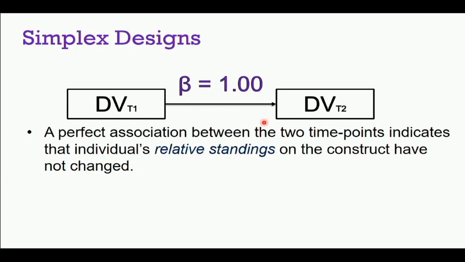Of course, that never happens in real life, because there are often things that go on, like sampling error, or you're feeling sick on that day, so it's never completely 1, but as close to 1 as you can get is generally a good sign. A perfect association between the two time points indicates that their relative standing has not changed: if they're at the top of the pack at time 1, they'll also be at the top of the pack at time 2.